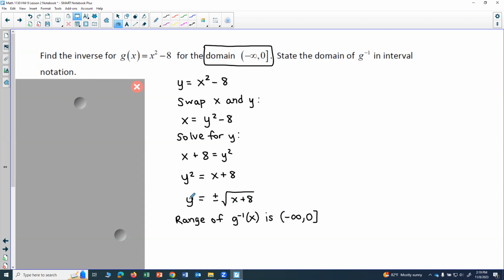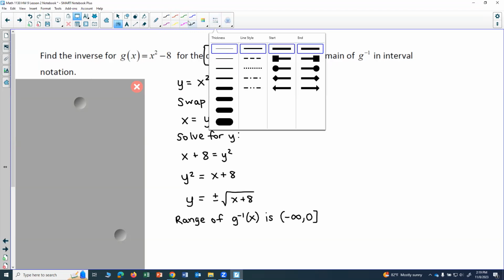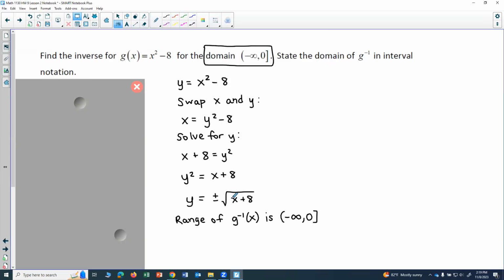So if I want my g inverse function to be negative numbers, negative infinity to 0, that tells me that I have to use the negative and only the negative. So I'm going to use the negative because the range has to be negative infinity to 0. So I only want to take on the negative values.